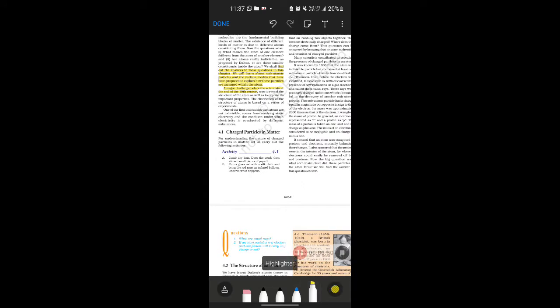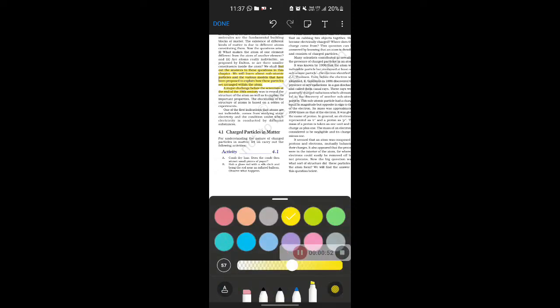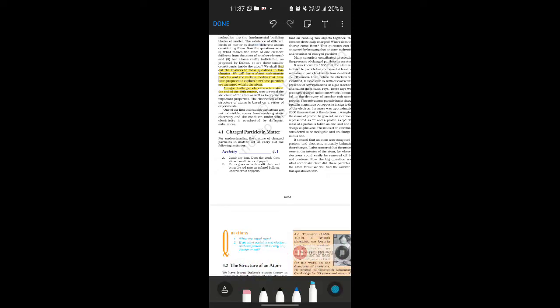So different kinds of matter are constituted by different kinds of atoms.